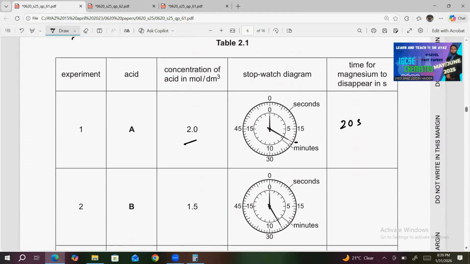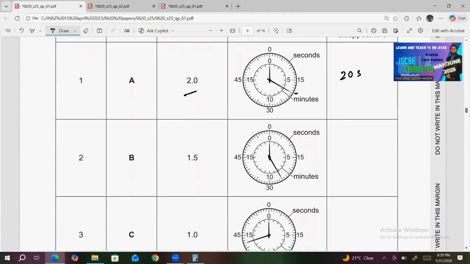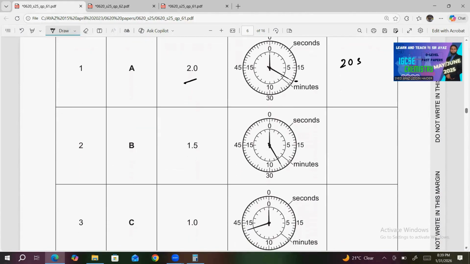For experiment 2, the acid B with concentration 1.5 mol per dm³. Again, you don't have minutes. We have 25 seconds, so I will write 25 seconds.